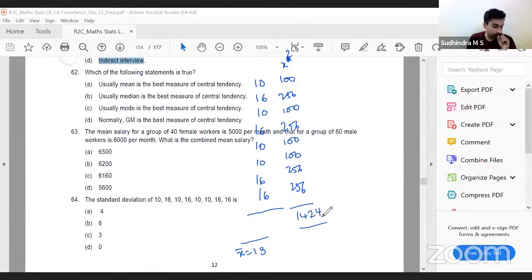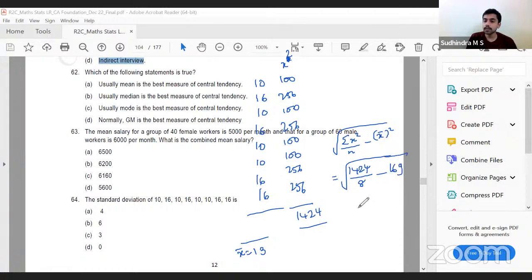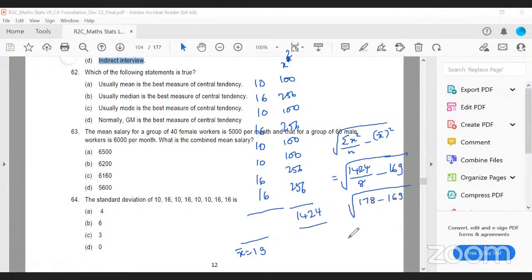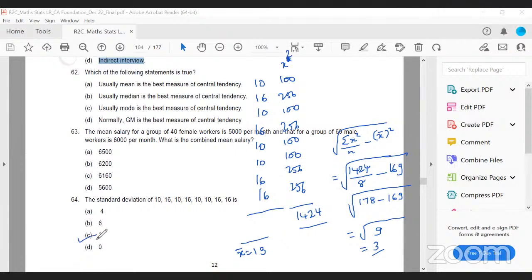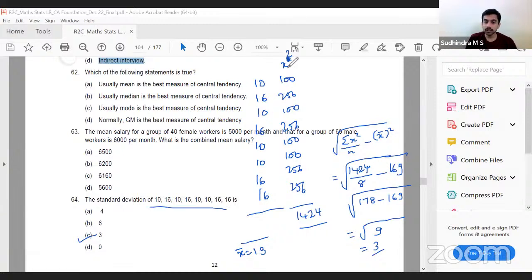Then apply the formula: root of summation x square by n minus x bar the whole square. 1424 by 8 is 178, minus 13 square, which is 169. Root of 178 minus 169 is root of 9, which is 3. Sir, standard deviation is also equal to half of range. Yes, you can use that formula also. Half of range: 16 minus 10, which is 6, divided by 2.